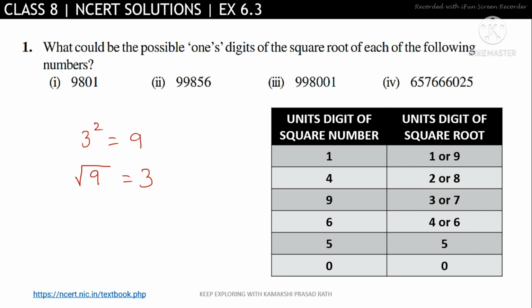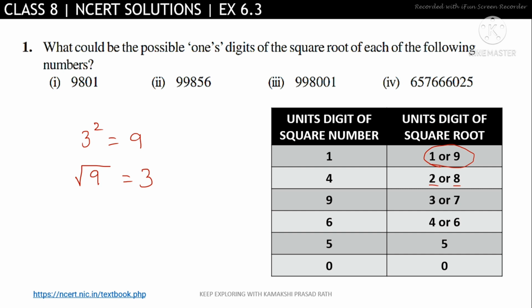We'll find the relation. As we know, a square number always ends with 1, 4, 9, 6, 5 or 0. So this table shows that if a square number ends with 1, then its square root will end with 1 or 9. In the same way, if it ends with 4, the square root will end with 2 or 8.